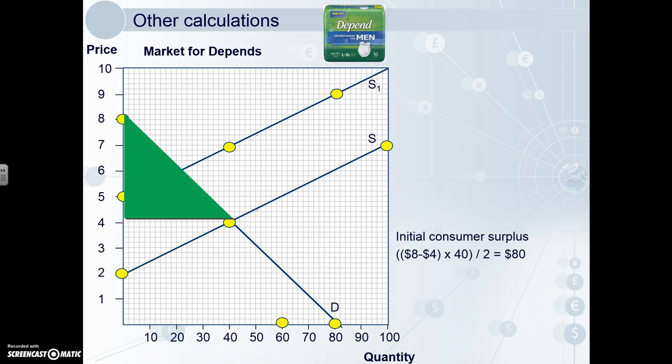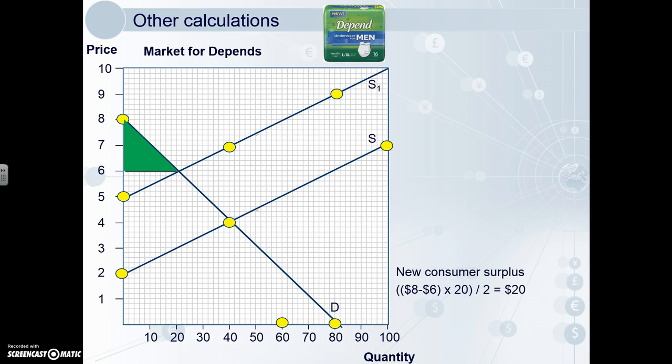You need to know initial consumer surplus, just remembering that it's above the equilibrium price. It's the difference between what they were willing to pay, the demand curve, and what they actually paid, the equilibrium price. Then the new consumer surplus, same principle, and there's a few more as well.